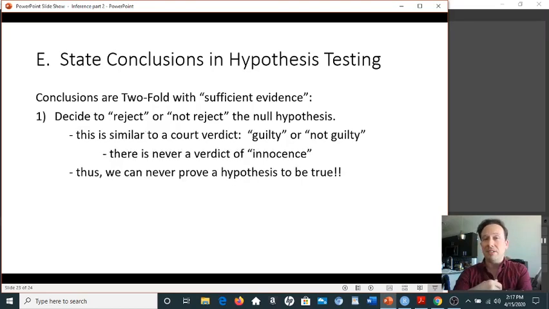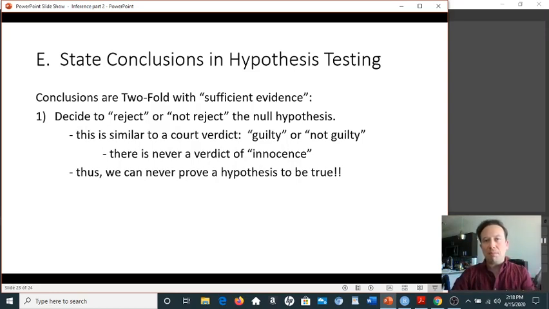What that means is that we can never prove a hypothesis to be true. Court cases are just like hypothesis testing in statistics. First, a hypothesis is made: the person is presumed innocent until proven guilty. Then the defense and the prosecution present evidence, the jury weighs the evidence, and they come back and say guilty or not guilty.